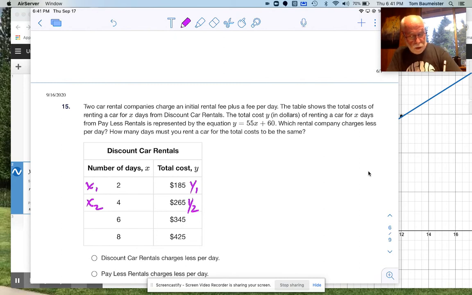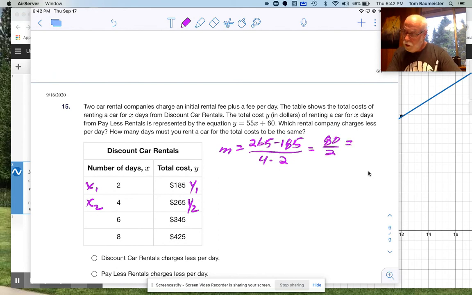And I know that my slope is equal to y2 minus y1, so 265 minus 185, over x2 minus x1, which is 4 minus 2. And that will give us 80 divided by 2, which is equal to 40.